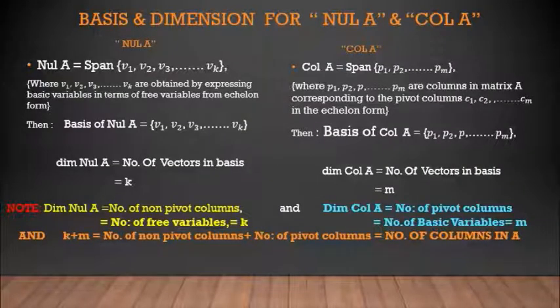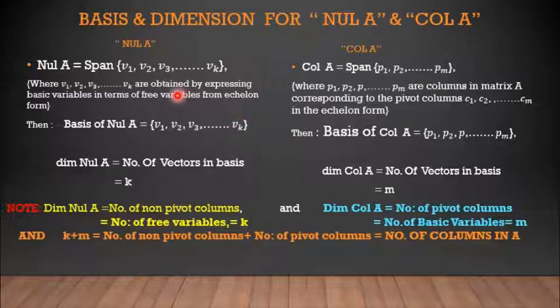Now here, let us discuss how to find basis and dimension for null A as well as for column A. Here I have given null space A, and on the right side column space A. So let us see null A first. Null space of A is equal to span of V1, V2, V3 and so on Vk, where V1, V2 and so on Vk are obtained by expressing basic variables in terms of free variables from echelon form.